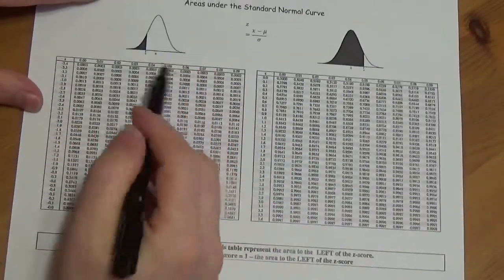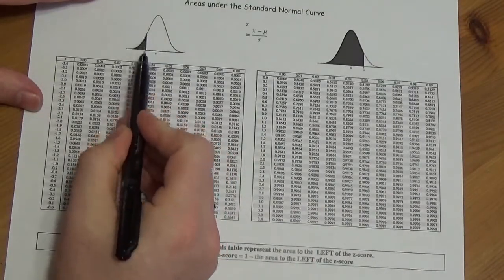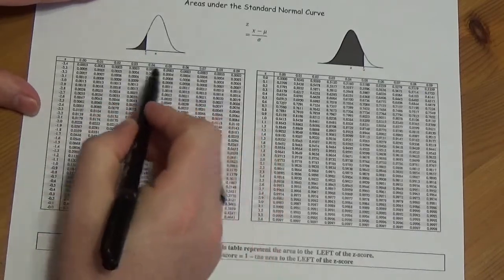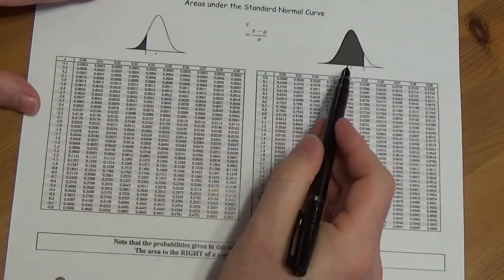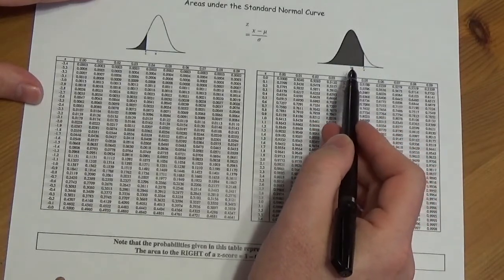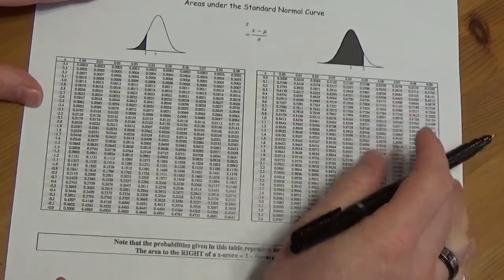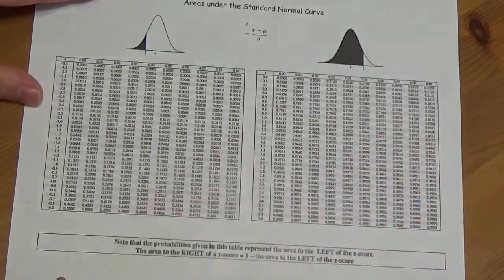This part of the table, and you can see by the diagram up here, the area is to the left of the mean, which means these are all negative Z-scores. Here, the area is now the majority of the graph, which means the Z value is to the right of the mean. These are all our positive Z-scores.